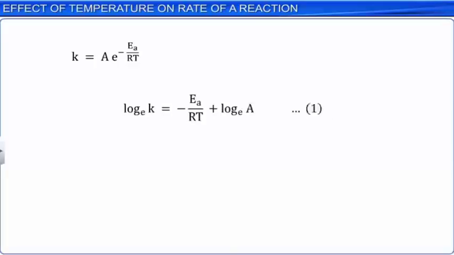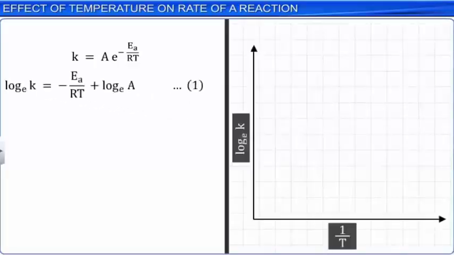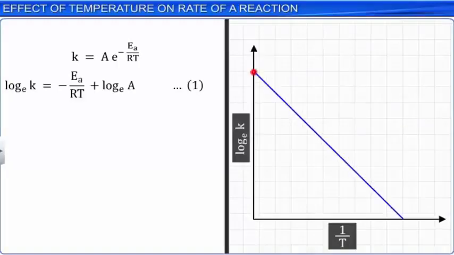If we plot log to the base e of K versus 1 by T on a graph, we get a straight line with slope minus EA by R, and the y-intercept as log to the base e of A.